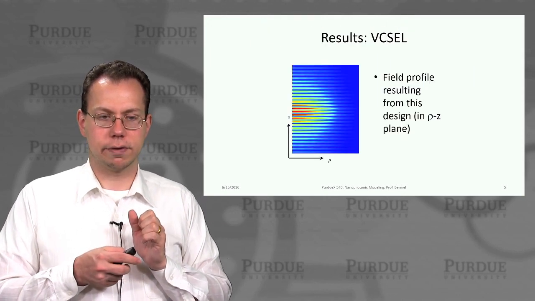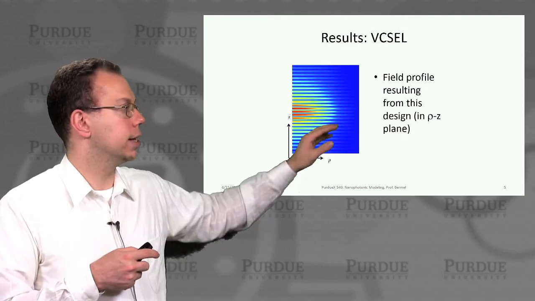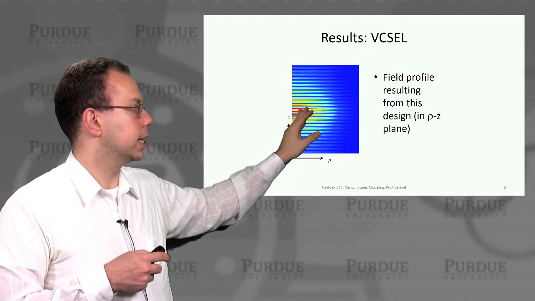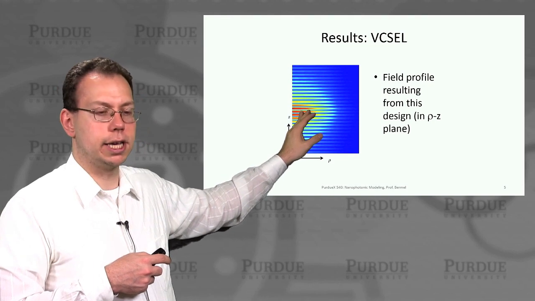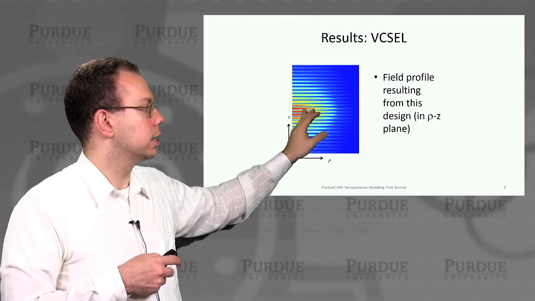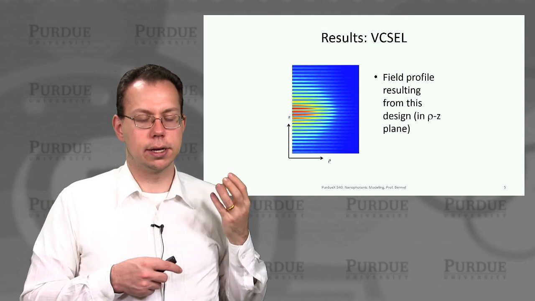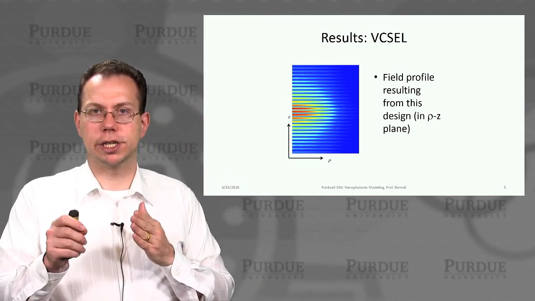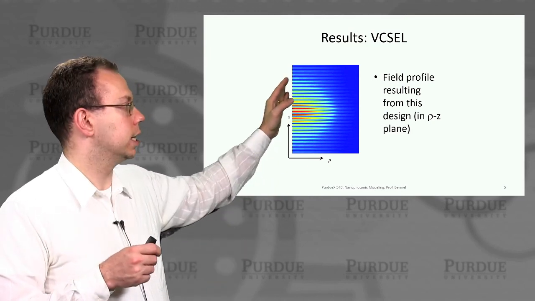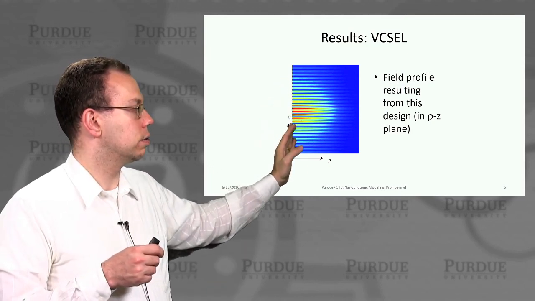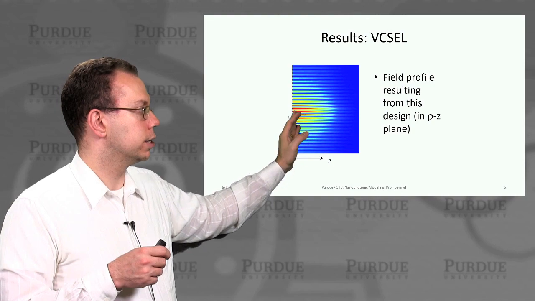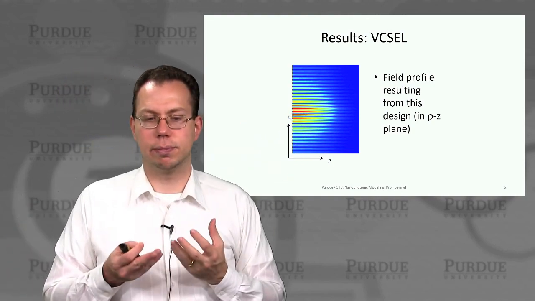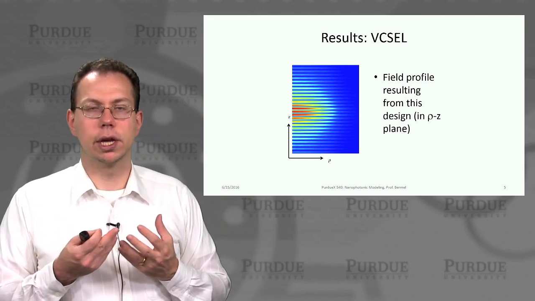And then the result of this kind of approach is that you actually get the field pattern, which is shown here in this red to blue color scheme, and is primarily localized in the central region in both the radial position rho as well as the vertical position z, where you're assuming that the quantum well is somewhere around here, which makes sense that it should be highly localized in both ways.